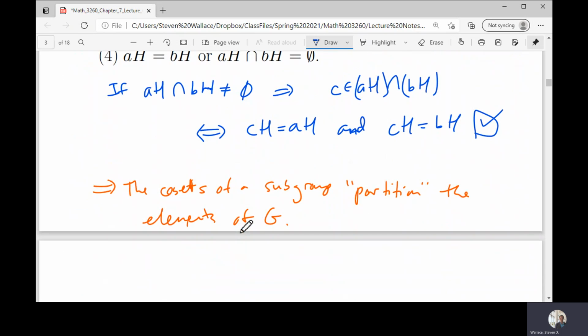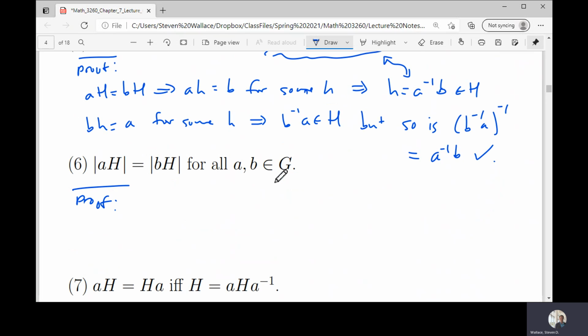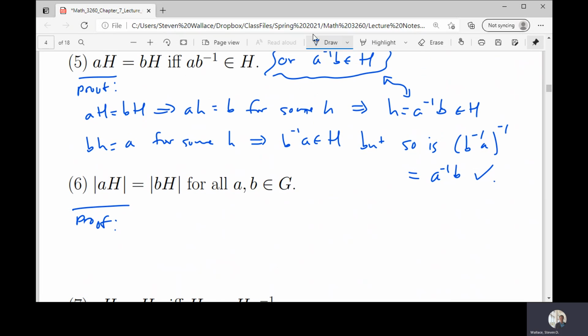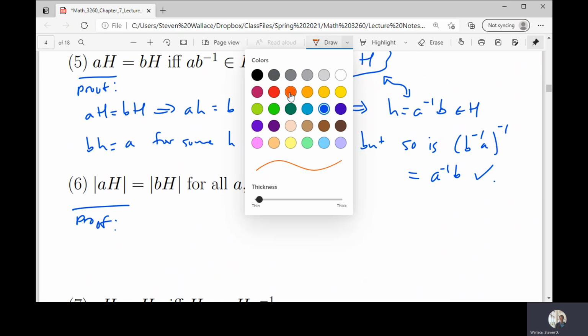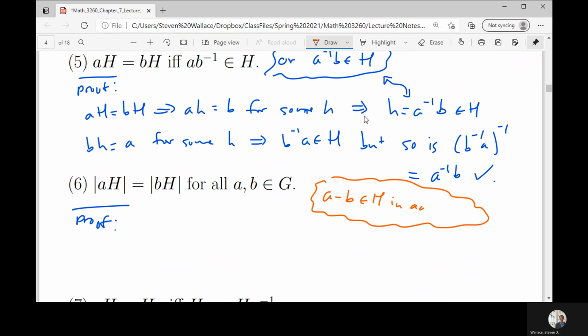I mean, here you would say instead of A B inverse, you'd say A minus B would be in H, for example. So in additive notation, you would say that.